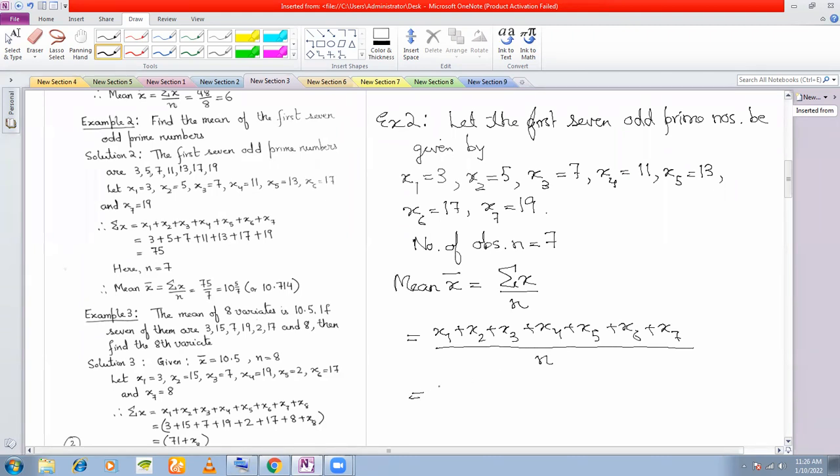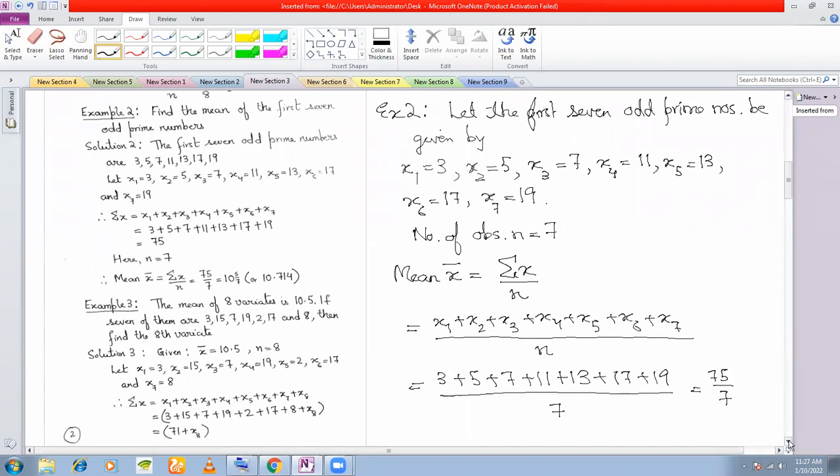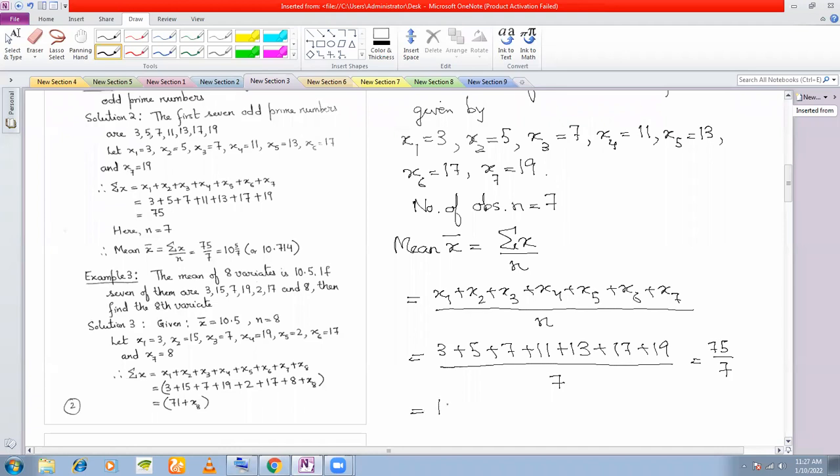Now put the values, and the value of n is 7. So this adds up to 75 divided by 7. Therefore this will be 10 5 by 7 in terms of mixed fraction, or you can also express it in decimal, 10.714. Clear? Easy enough?